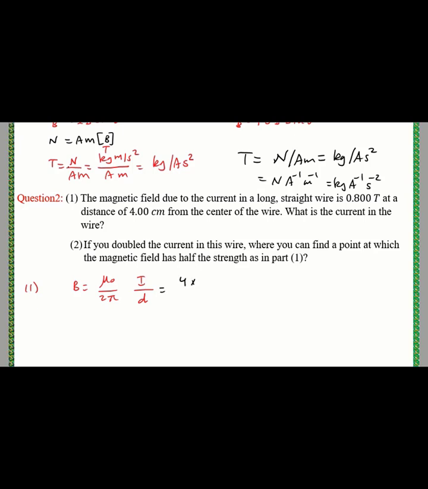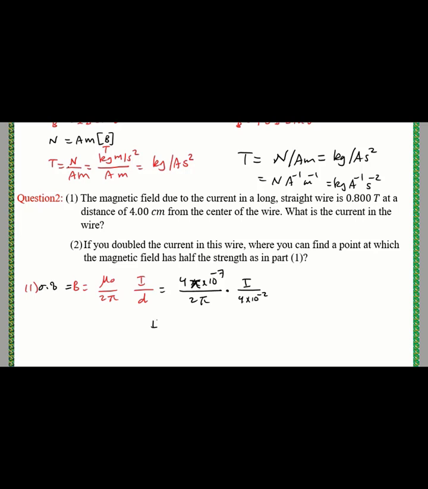Mu naught is 4 pi times 10 to the minus 7 for the air or the vacuum, over 2 pi. The current is unknown, and the distance is 4 centimeters, 4 times 10 to the minus 2. All of this equals B. What is B? It is 0.8.